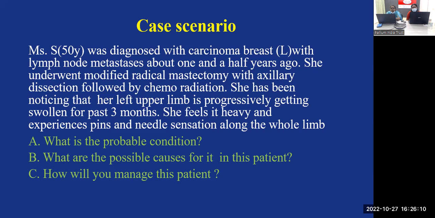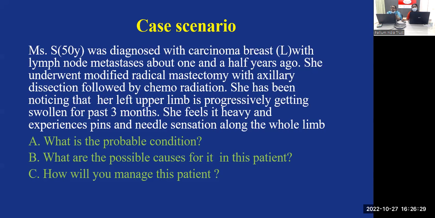Definitely, you have to take the measurement of the affected limb and the non-affected limb, and then you can do massaging, bandaging, and exercise. And also you have to educate the patient on skin care.